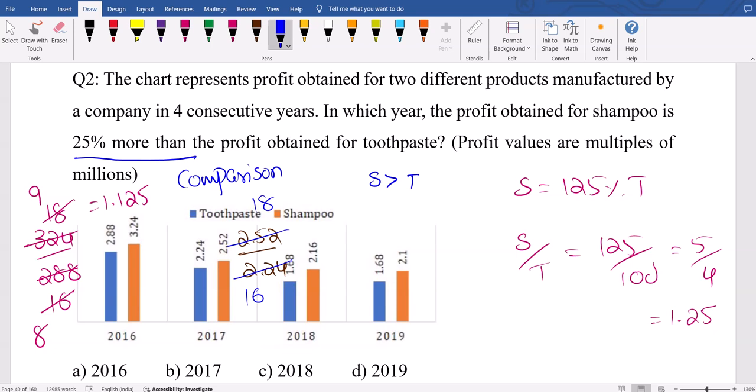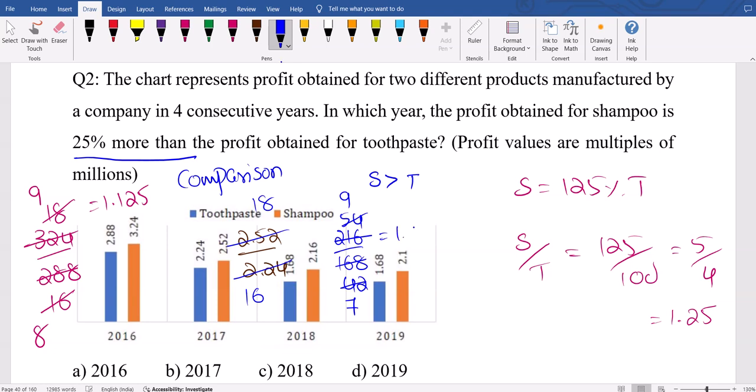I want 1.25 here. Whereas here, 216 divided by 168, so 9 by 7. It will be 1.3.